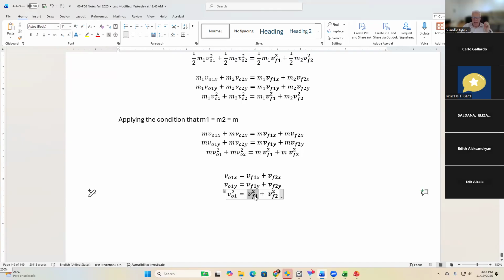Let's not forget, right, that VF1 and VF2 square is equal to VF1 in the x direction squared plus VF1 in the y direction. Okay. And we repeat the same for the other ones. See how complicated it becomes.